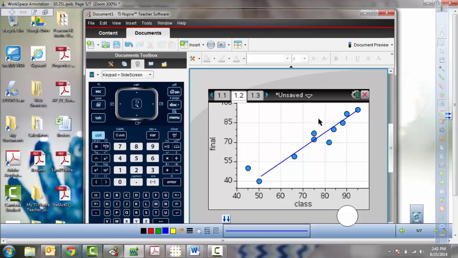So that line does a decent job of having some points above it, some points below it. It's sort of going right down the middle of my data. So when I write my equation for this line, I can use that point, my mean point, and this point. It's an approximation of where this line is going.